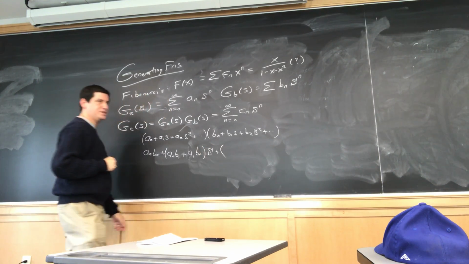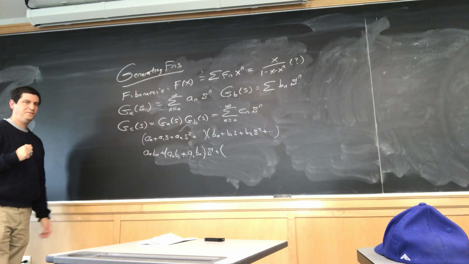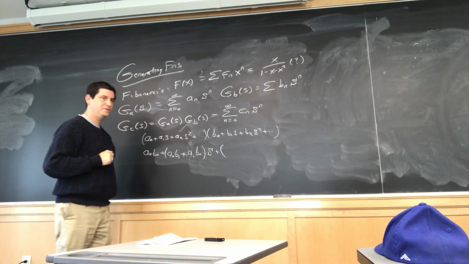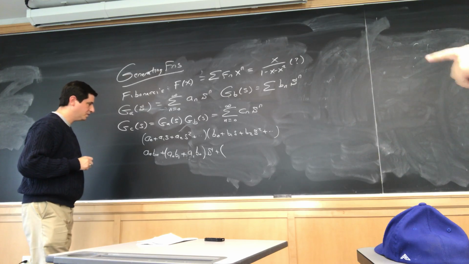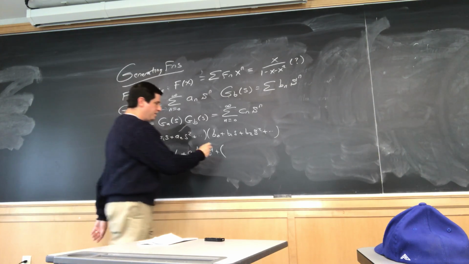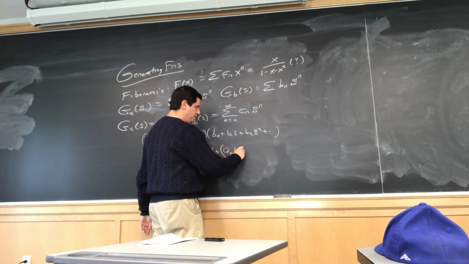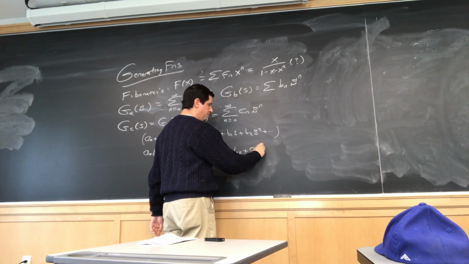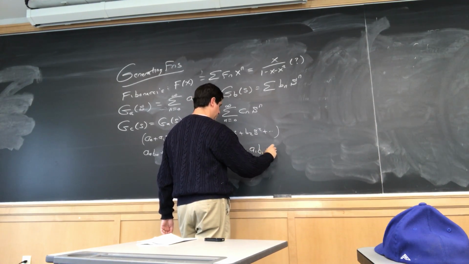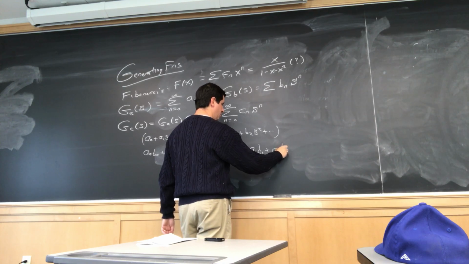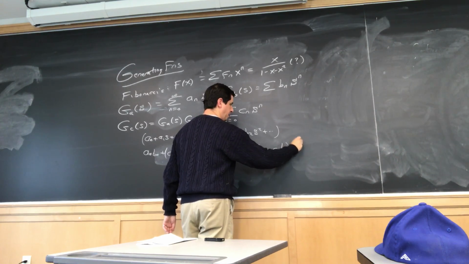Now, how can we get an s squared term? We can look at the subscripts, and if the subscripts add up to 2, that's s squared. So the next one would be a0 b2 plus a1 b1 plus a2 b0, times s squared.